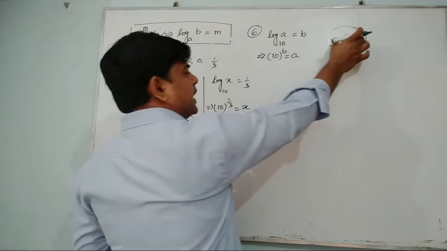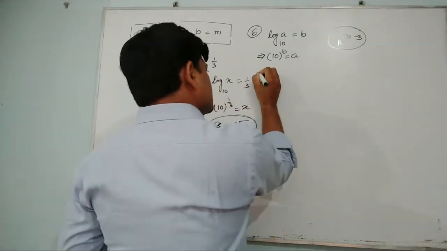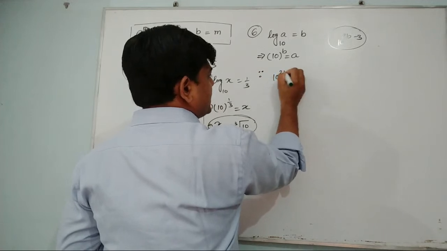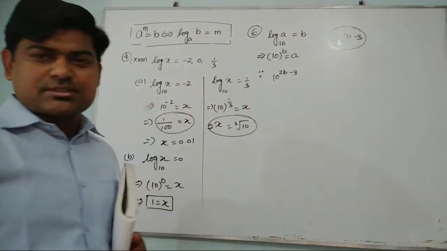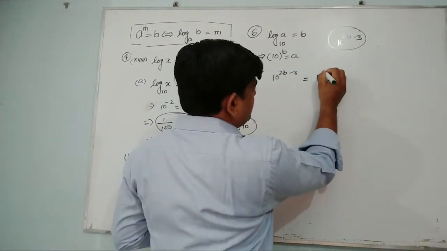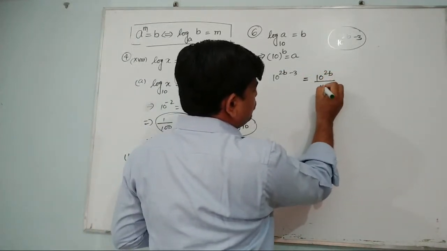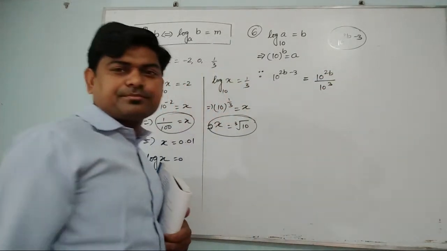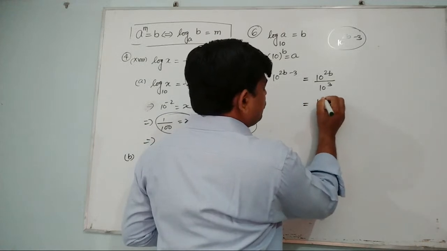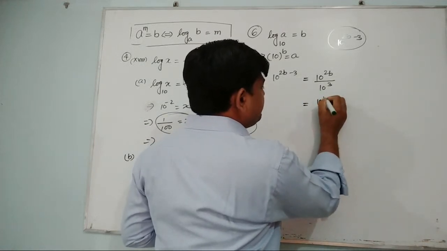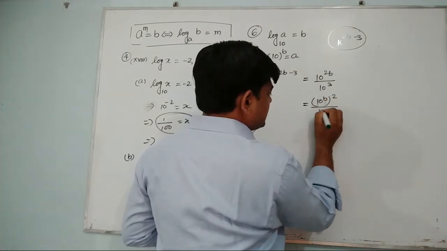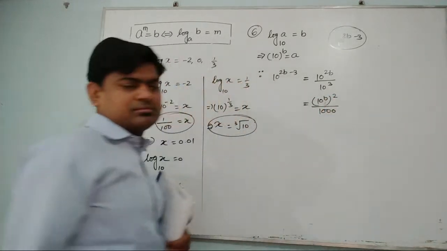Now we have to find the value of 10 to the power 2b minus 3 in terms of A. Tell me, it can be written as 10 to the power 2b upon 10 to the power 3, or not. It can be written as 10 to the power b, whole squared, upon 10 to the power 3, which is 1000, or not.